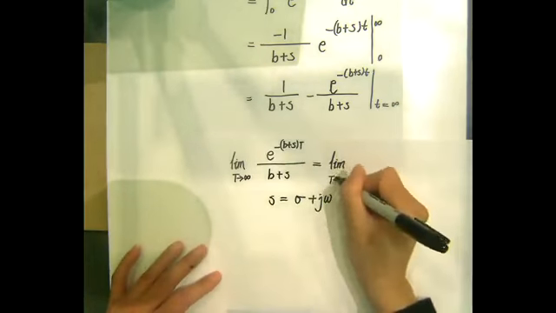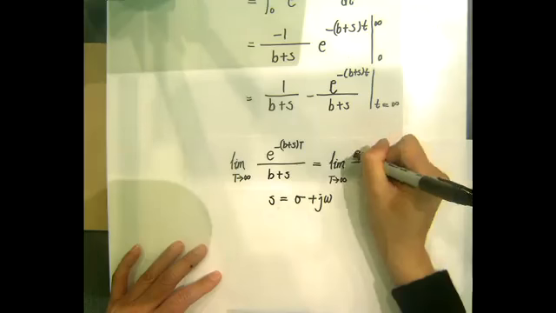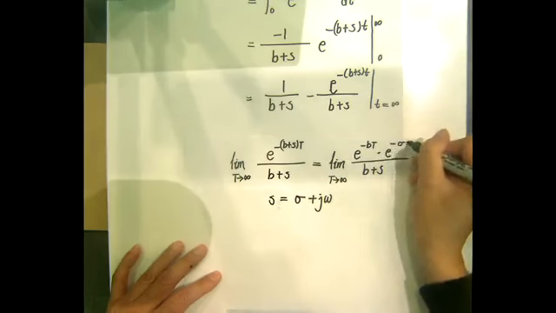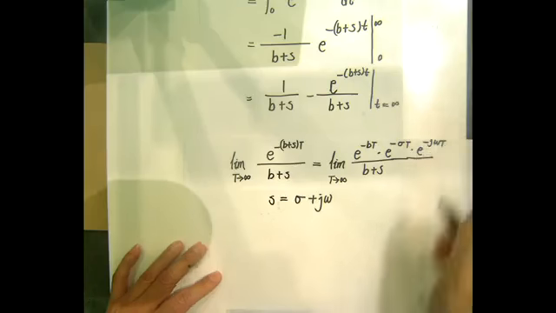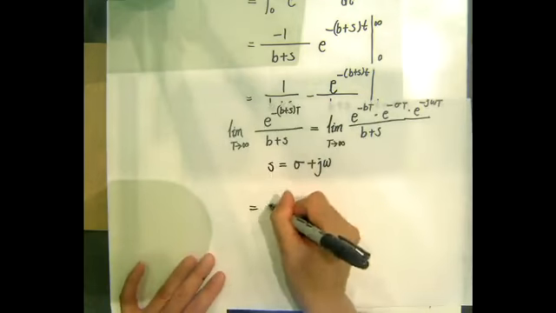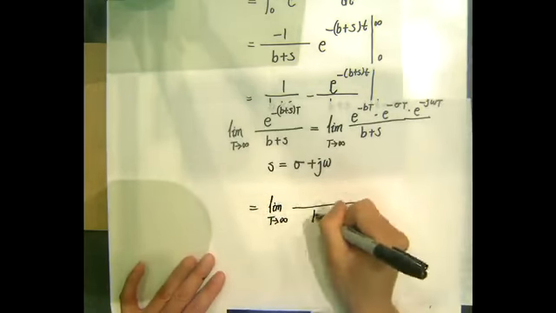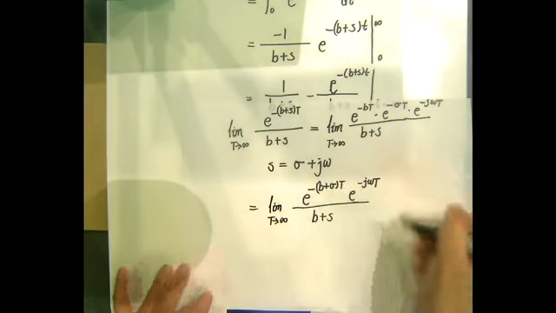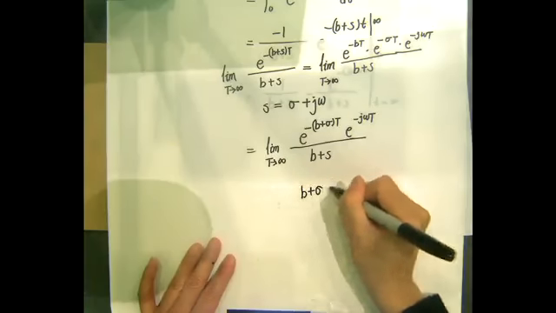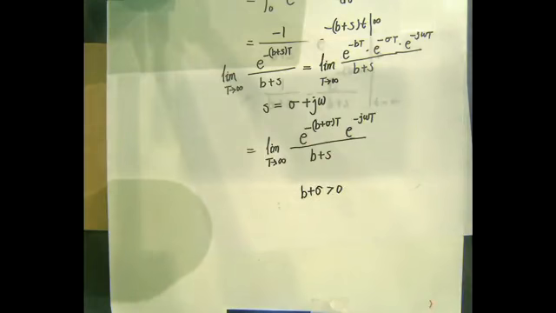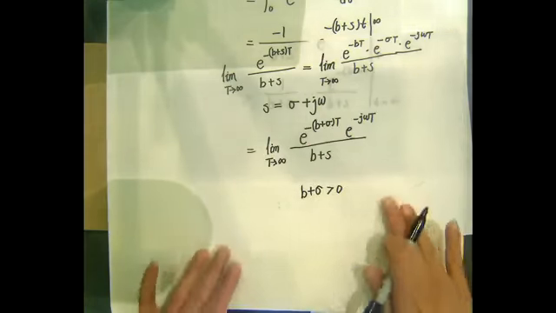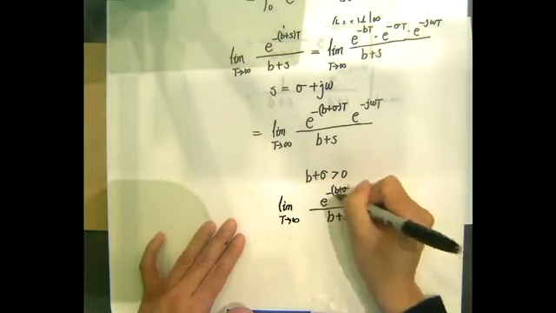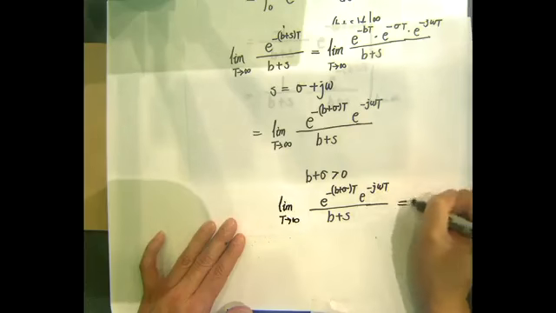And in this case, I will write down 1 over (beta plus s) times e to the minus beta capital T, and e to the minus sigma capital T, and e to the minus j omega capital T. And again, I will write down as T goes to infinity, e to the minus (beta plus sigma) capital T, and e to the j omega capital T. And if beta plus sigma is positive, my limit exists, and then as T goes to infinity, everything here is always going to be 0.